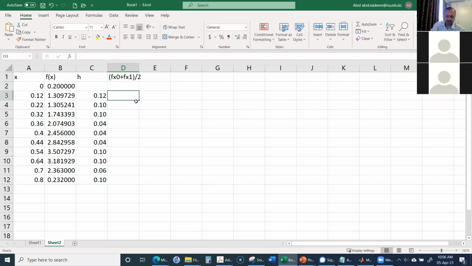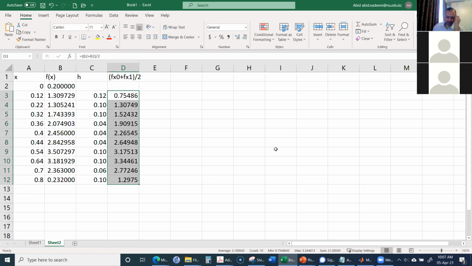So then what we can do is, we can take this value, this will be fx naught, and then this will be fx1, and then divided by 2. So we will get this value. And similarly, I can add it. So now I will multiply these values and then add up all these values.